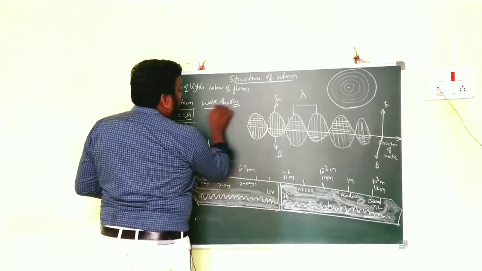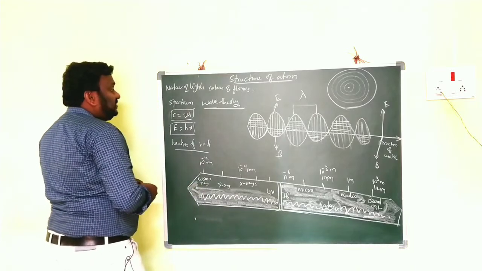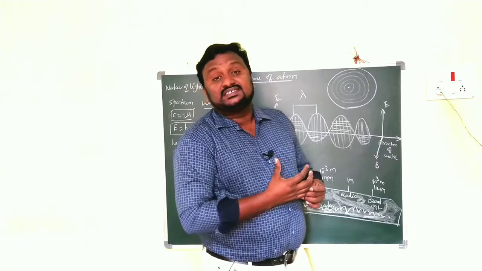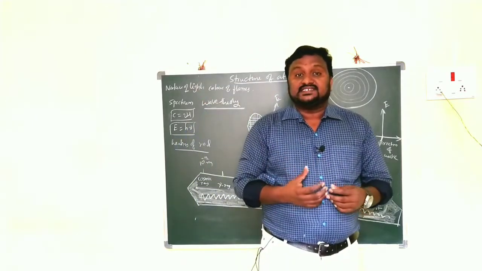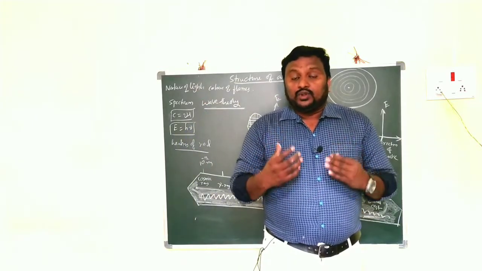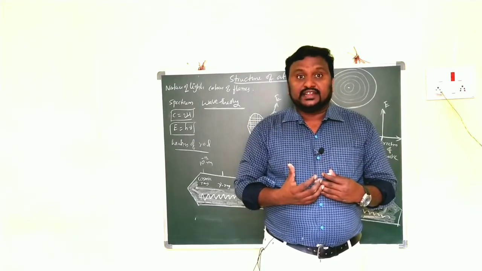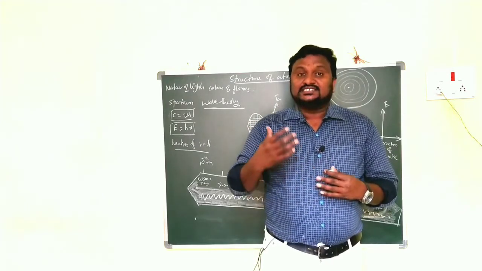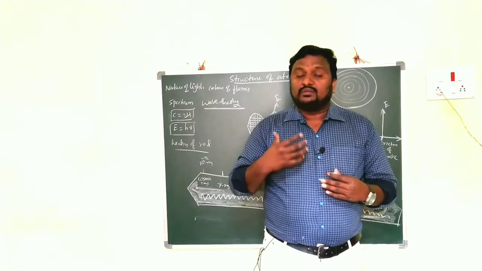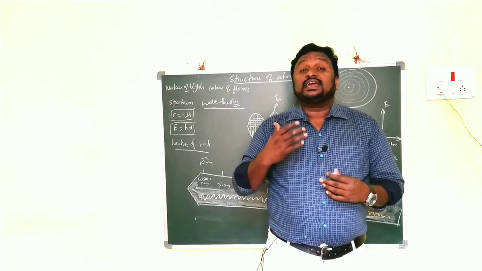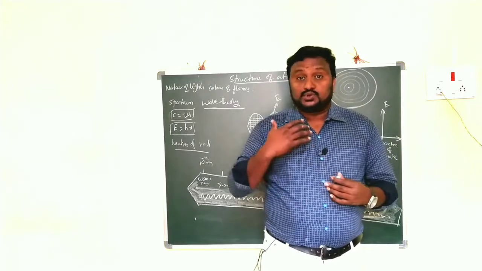What is meant by the wave theory of light? In this case we know that light consists of some charges. While those charges are in vibration, they vibrate to and fro.